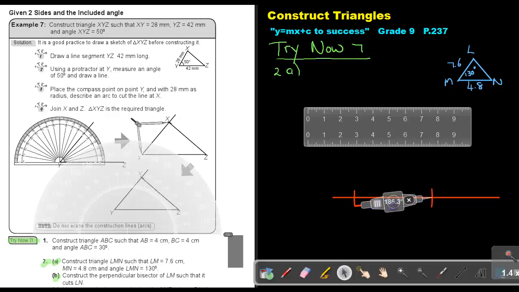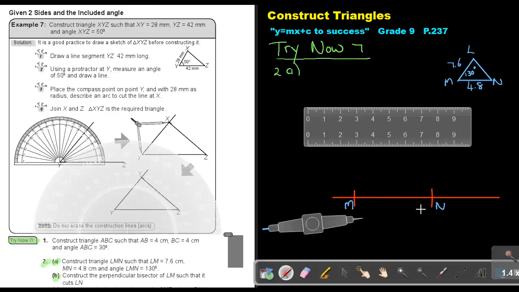Now I can stretch it so that I can move it. So this is going to be the point M, and this is going to be the point N, and this is exactly 4.8.